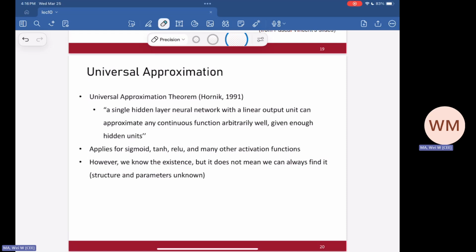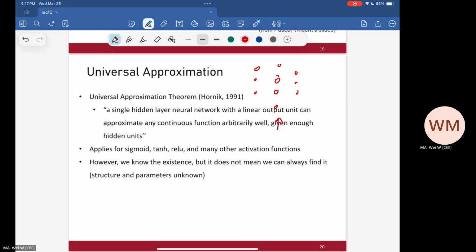Basically, it says that if you are using a single hidden layer neural network, something like this, this is a single hidden layer, and if you have enough hidden units, meaning you have more hidden units here, then this neural network can approximate any continuous function arbitrarily well.